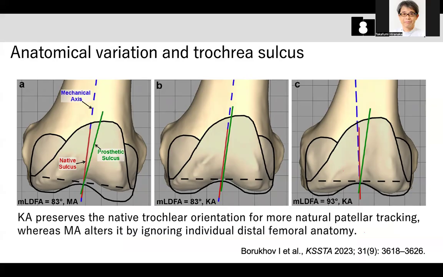The groove, especially in early flexion, is quite variable. So we should accept the wide variation of the groove or patellofemoral tracking.